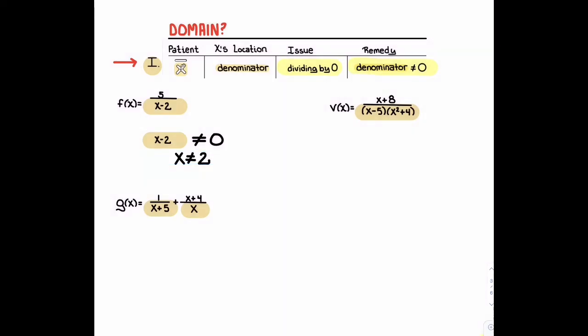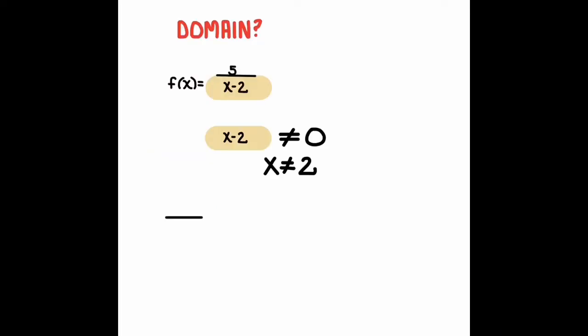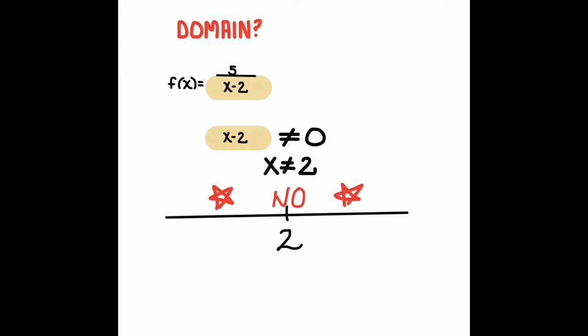So let's take a closer look to see how to write this in interval notation. I kind of think about it as reading a number line from left to right. The number 2 is the number that we can't use, but we can use everything to the left of 2 and everything to the right of 2.